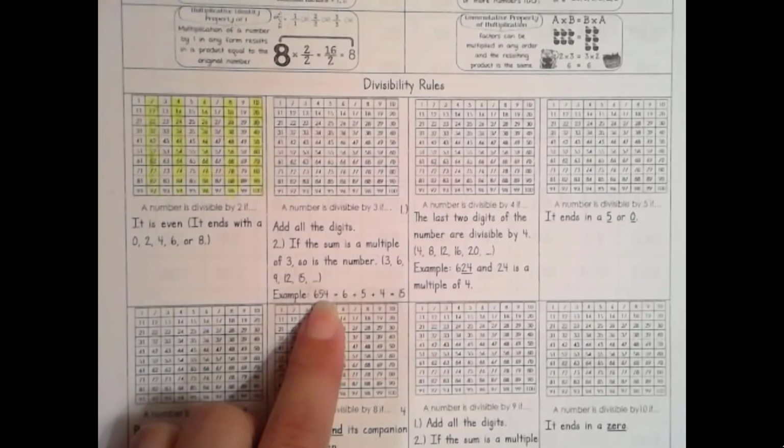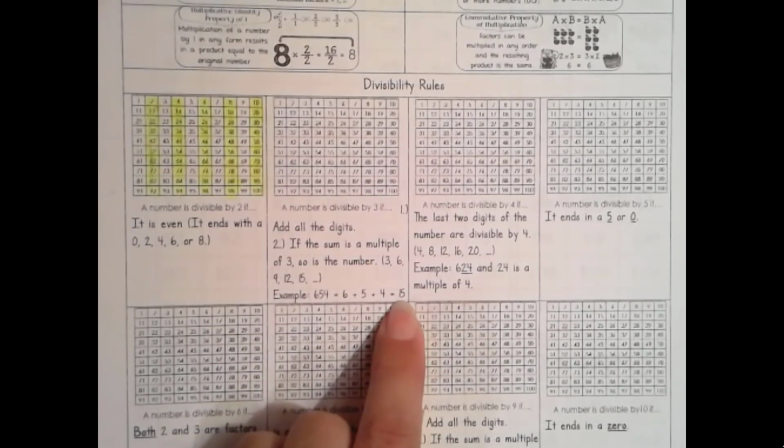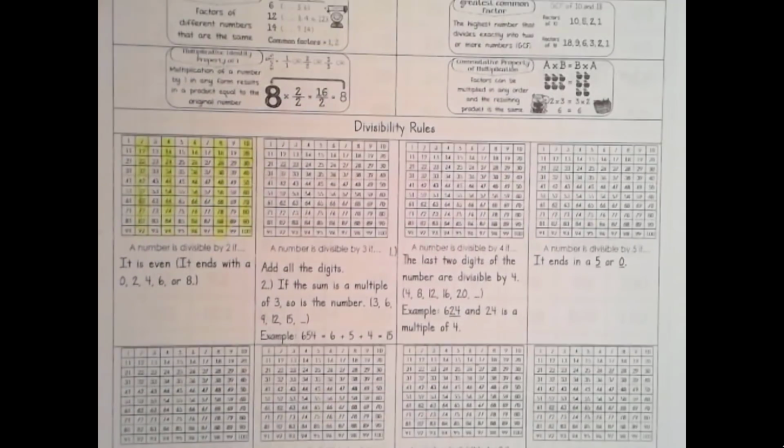We want to know if that's divisible by 3. Will it be divided evenly by 3? Well, if you add these 3 digits together, 6 plus 5 plus 4, 6 plus 5 is 11 plus 4 is 15. 15 is a multiple of 3, so that means yes, 3 is a factor of 654.